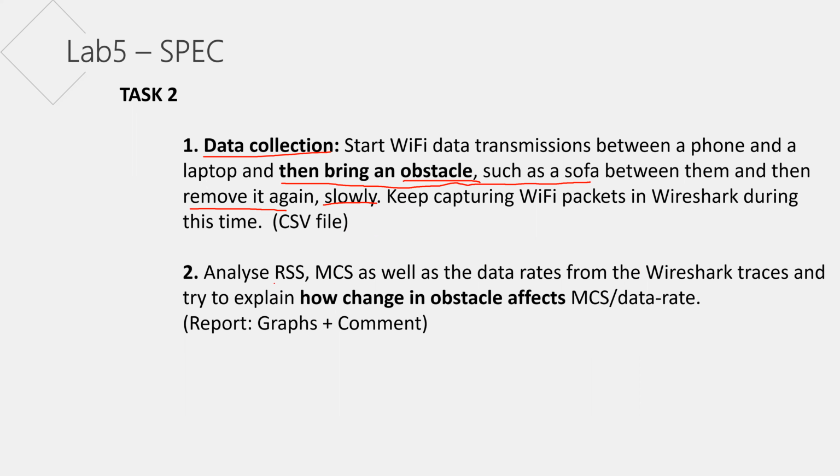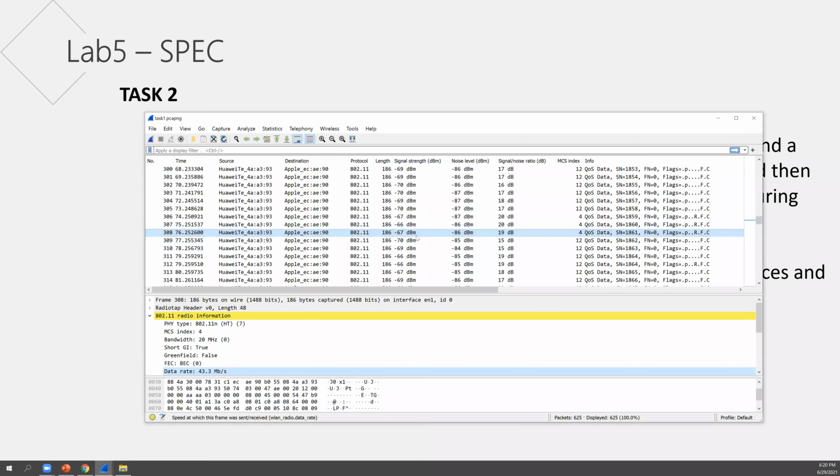And then just perform the analysis, just like task 1, but this time we analyze how the obstacle affects the data. Okay, you still have a look at the RSS and MCS. So you may need to plot a graph of how MCS fluctuates, and you are required to tell us when you inserted the obstacle.